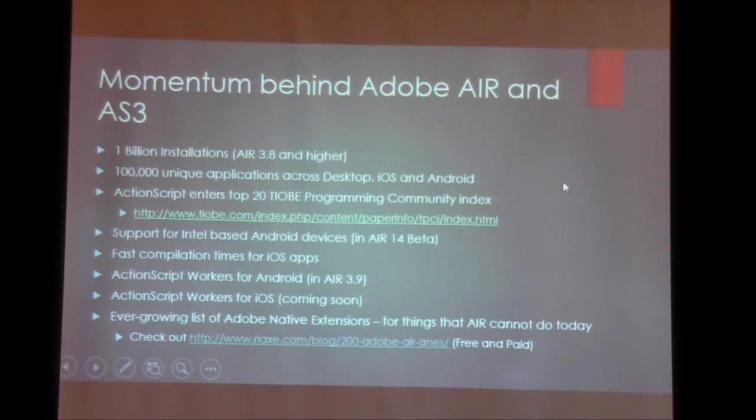Just in the last few months, Adobe has added support for Intel-based Android devices. Just last month, I saw somebody complaining that their Flex application works at 3 or 4 frames per second on the Samsung Galaxy 3.